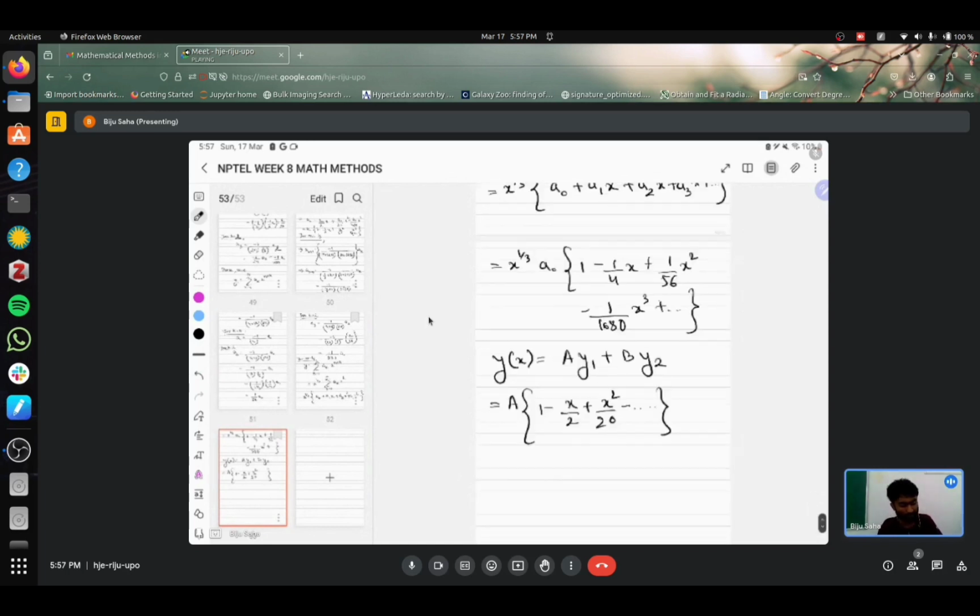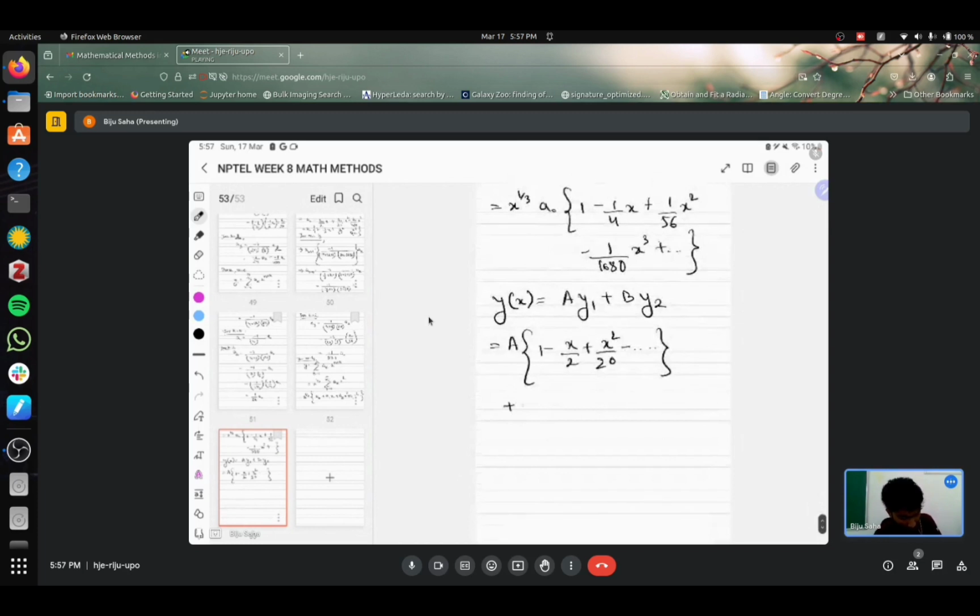Similarly, this a0 can be clubbed with this b and can be together written as this. So this is my complete solution to the differential equation. I've expressed it as a power series about x equal to 0 using the Frobenius method, and since it's a second order differential equation, I have two arbitrary constants, that is a and b.